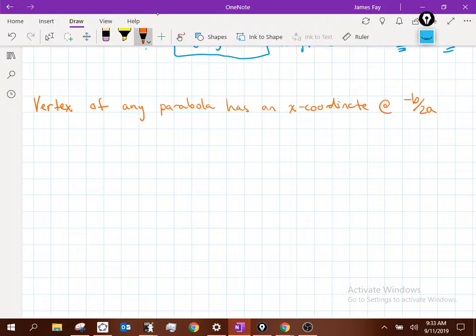Now, obviously, in this case, instead of x, we're using t. But the generic formula you were provided with last year is that if we have an (x, y) for a parabola, the vertex is located at an x value that is determined by taking the opposite of b divided by 2a, and the y value is determined by evaluating your function at whatever that x value was.